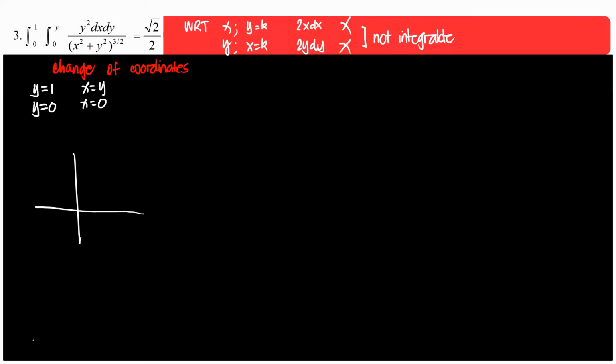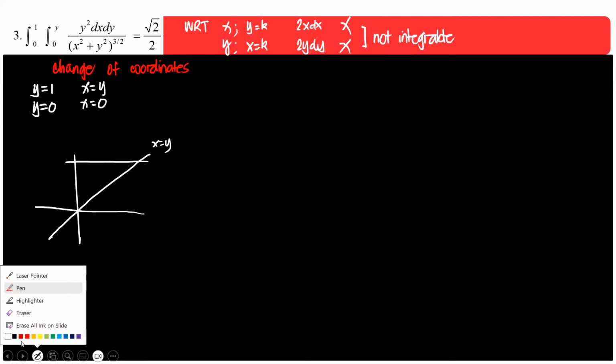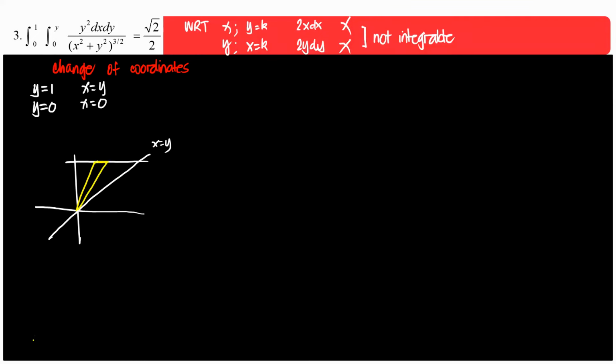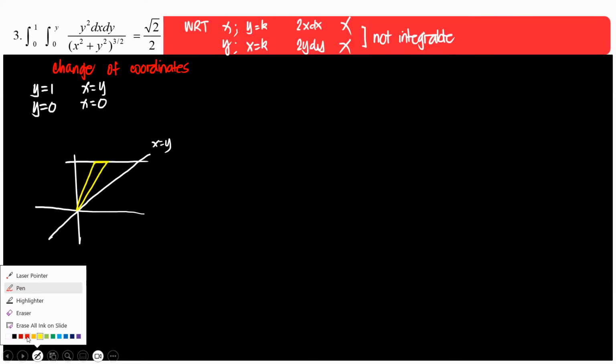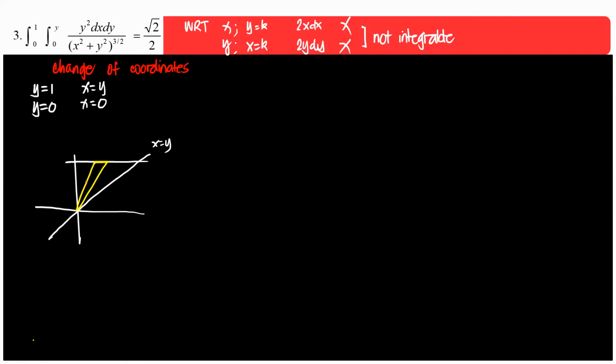X is 0, so it's this one, up to x equals y. And then y is 0 up to y equals 1. So we know that it's the upper triangle. Let's just draw this. This would be the wedge. And then let's just draw the angle.